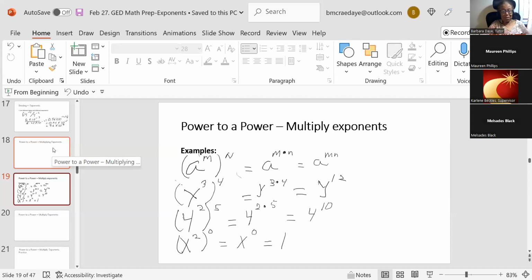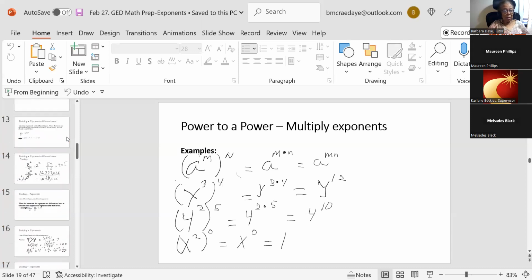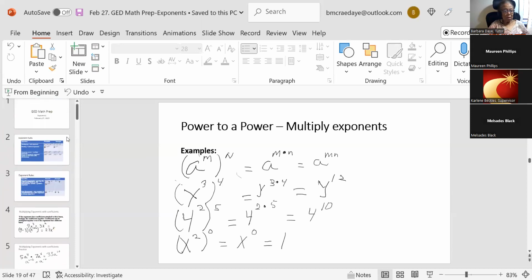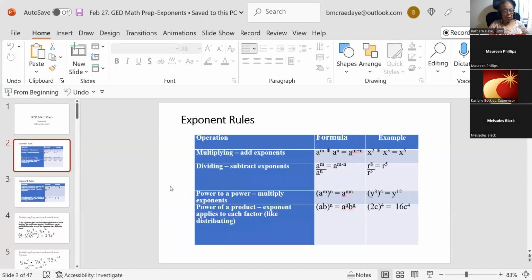Okay, so if you're doing division, let's go back up here to the rule. See, dividing, subtract exponents. See the rule? Dividing, subtract exponents. Numerator minus denominator power.